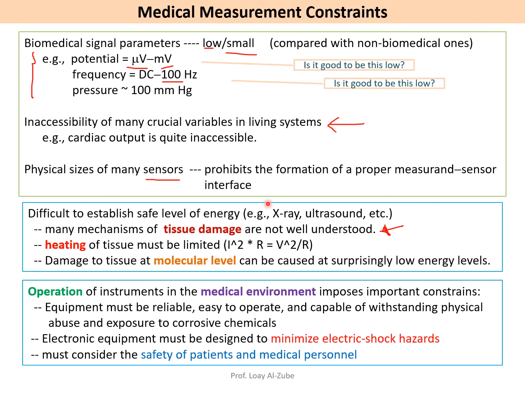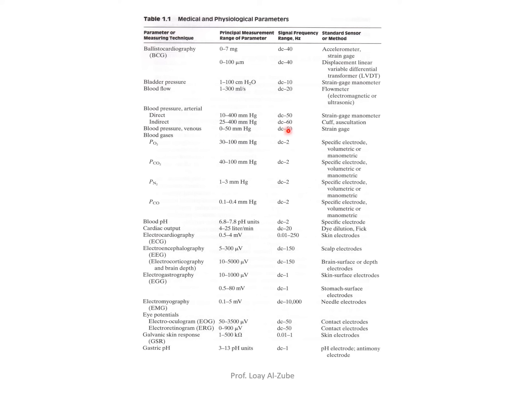I'm sharing here with you a list of all the parameters and the standard sensor or method of measurement. I don't want you to memorize this, but I want you to have a copy of it to see how challenging our range of work is. We work with 2 hertz and 40 hertz, and that's very, very low in designing equipment.